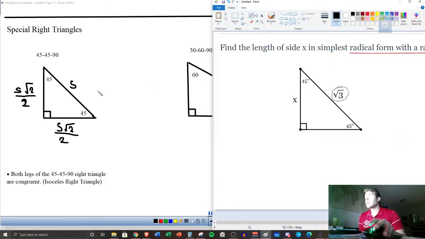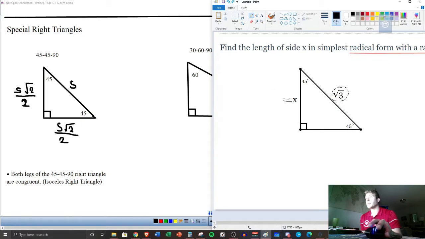This is our side length that we're going to be using in an equation. But we know that this missing value has to be equal to this times square root 2 over 2. So we have square root 3.